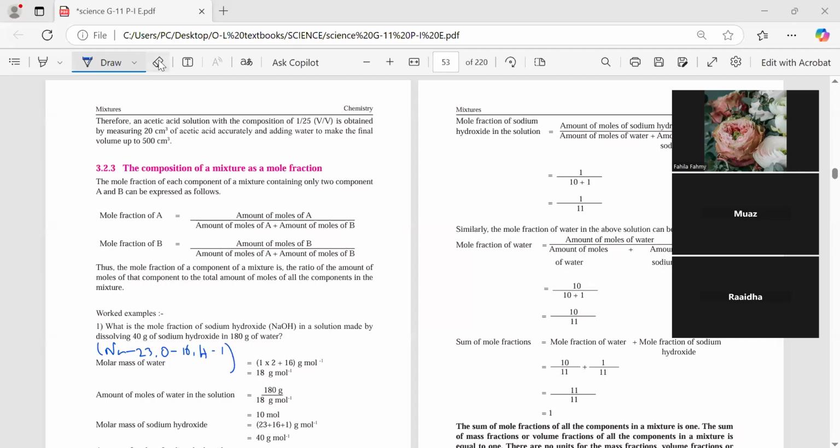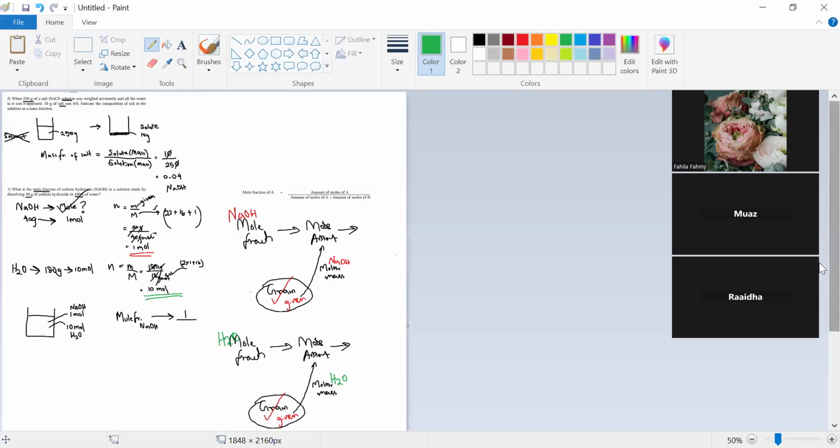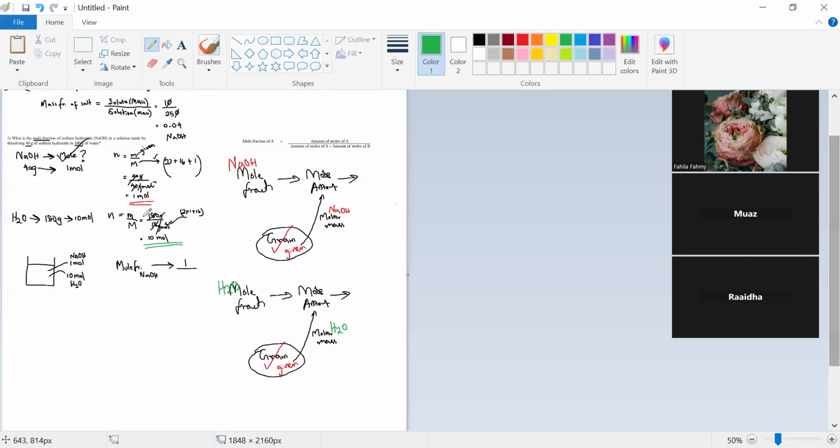So as I was saying, if you go back to the sum over here, I'm going to zoom this thing out. In order to find the mole fraction of sodium hydroxide, you need the mole amount, but the mole amount is not given, but they gave you the gram.